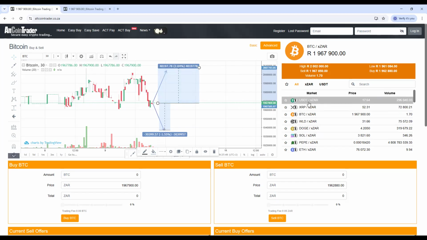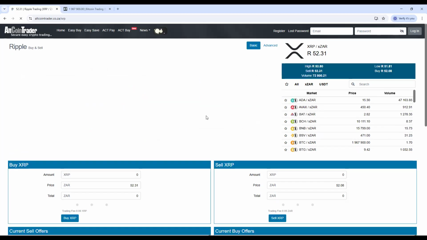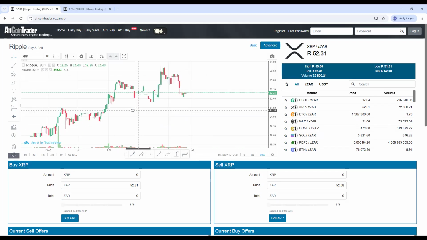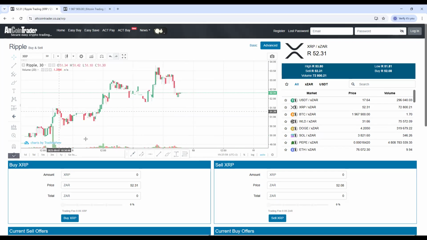So let's use an example, XRP. And yeah, hopefully I can simplify this. So you go into the market now and you've got 52 Rand. You put 52 Rand on XRP, and you don't have to sell it at all.